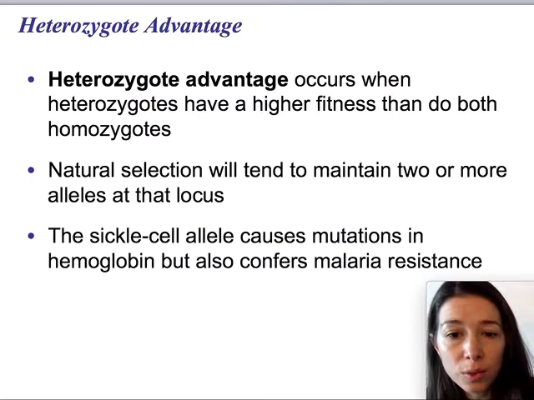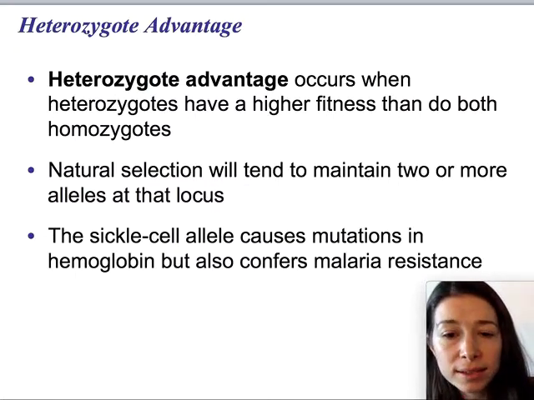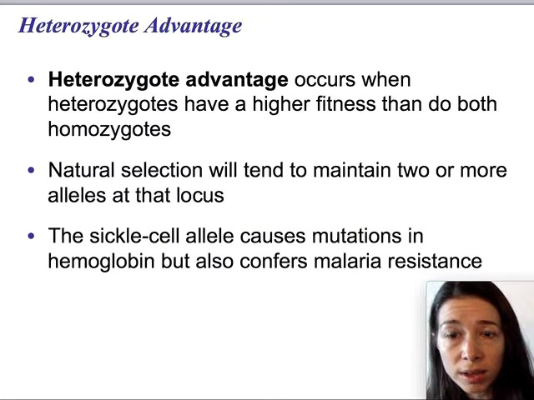So when individuals that have one bad copy and one good copy actually have an advantage, that's known as the heterozygous advantage. And if we allow evolution to take its course, natural selection will select individuals that have one diseased allele and one non-diseased allele.